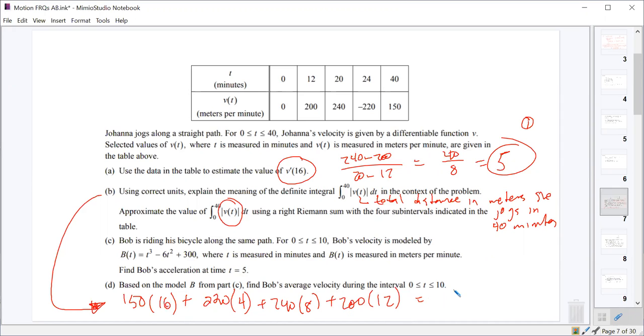I got 7,600. I just heard like 4 people say that. All right, we're gonna go with that. And make sure that you didn't use the negative 220 because it says absolute value.